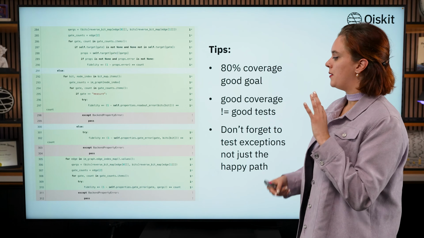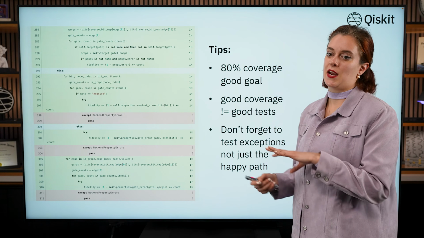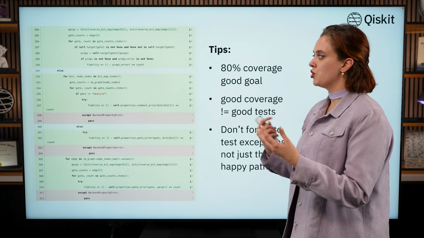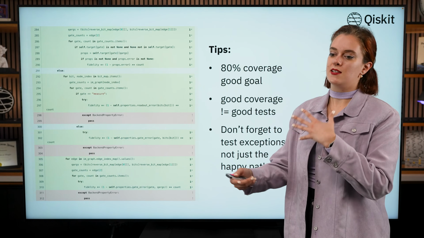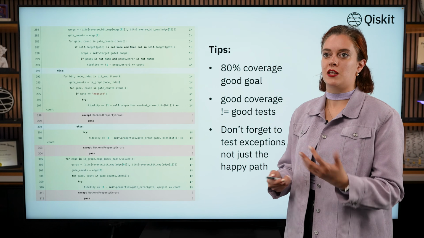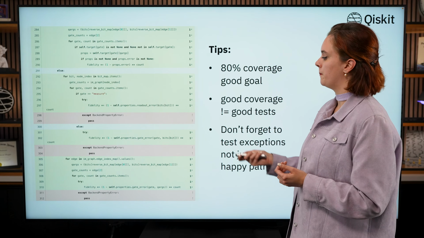And the last piece of advice that I have on coverage is that good coverage doesn't necessarily mean that you have good tests. So you should avoid writing tests just to bump up the coverage. But it is a metric that can be helpful to give you a general idea of how you're doing testing-wise.